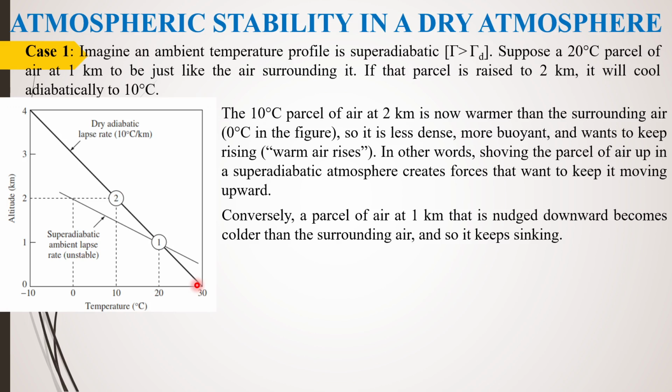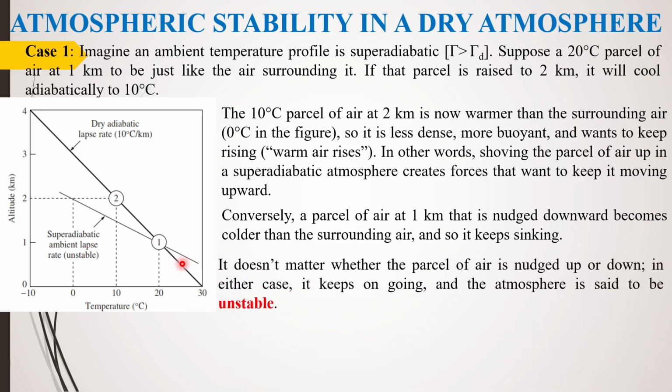So the air parcel is colder than the surrounding, so it keeps sinking. So it doesn't matter whether the parcel of air is nudged up or down. In either case, it keeps on going and the atmosphere is said to be unstable.